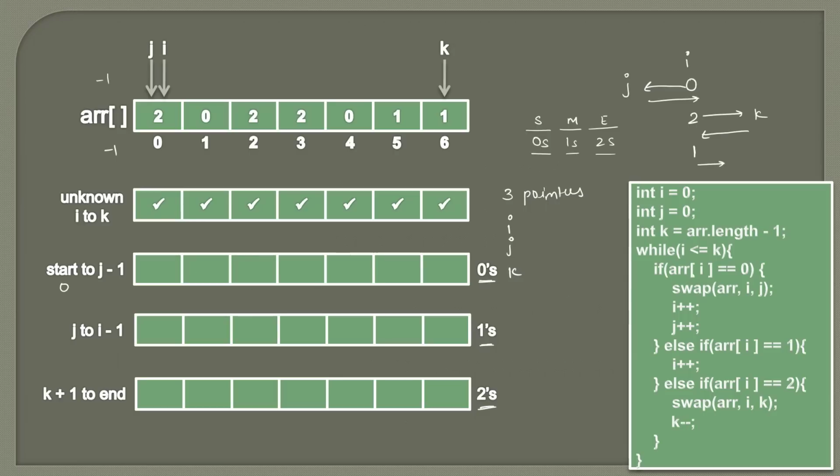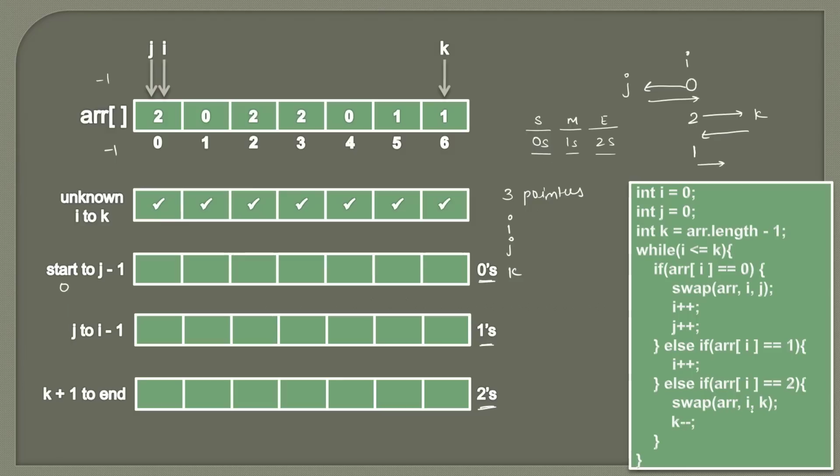So here you can see at the start array of I is 2. So this condition is false. This condition is also false. And this condition is true because array of I is equal to 2. So now, as we saw, whenever I encounter 2, it will simply swap 2 with the value which index k is holding.